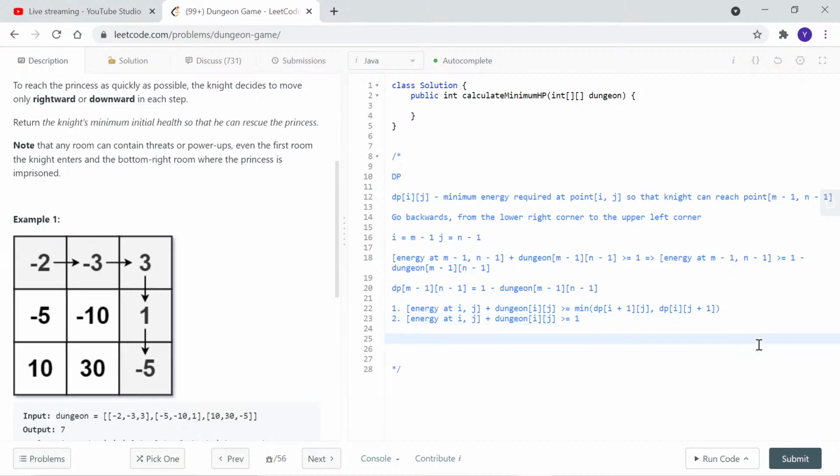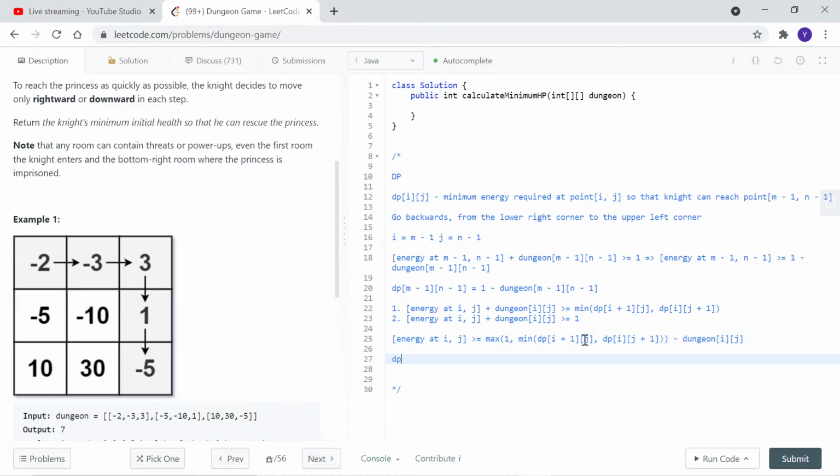So combining these two conditions, we need to have this be the max minus tangent ij.